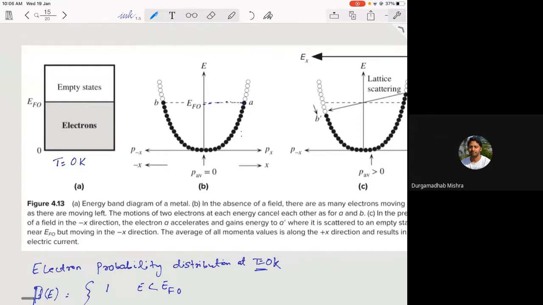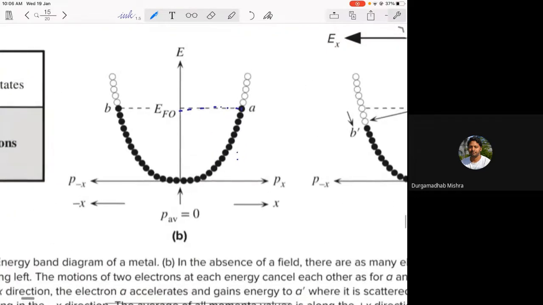Now the second figure represents the energy of this particle as a function of momentum.